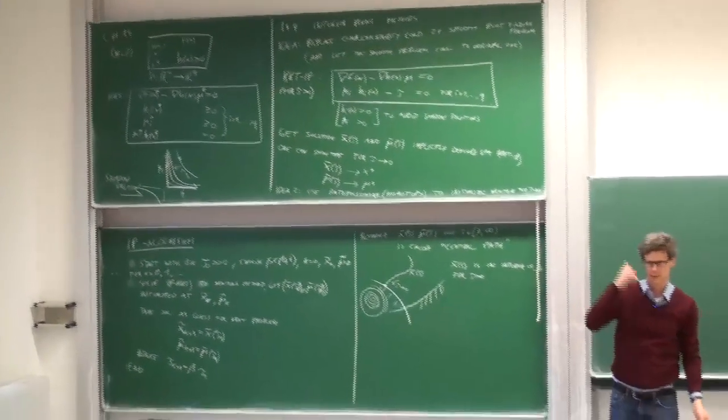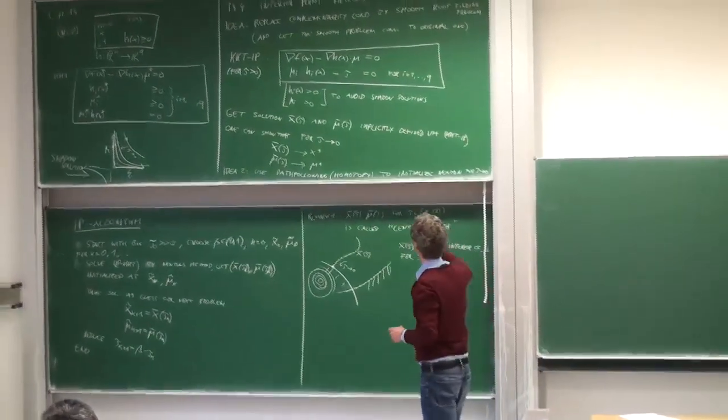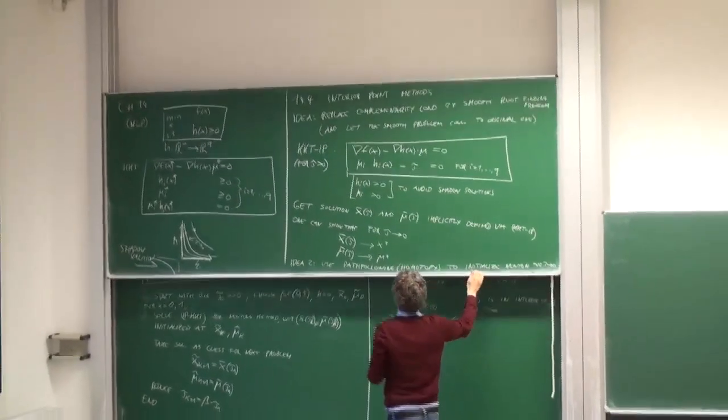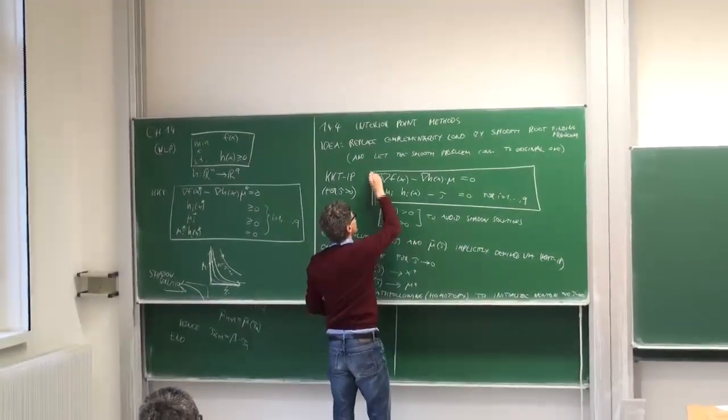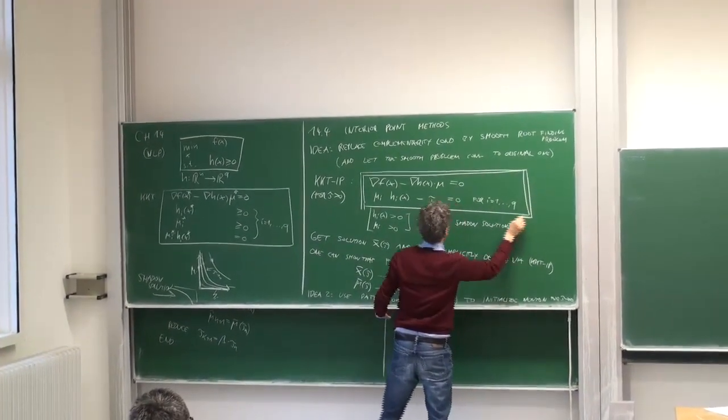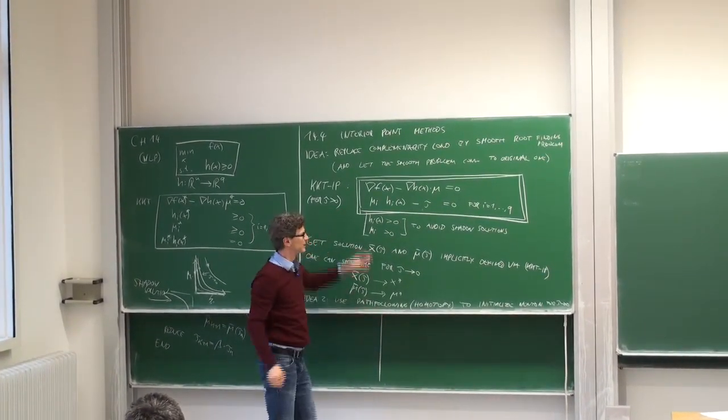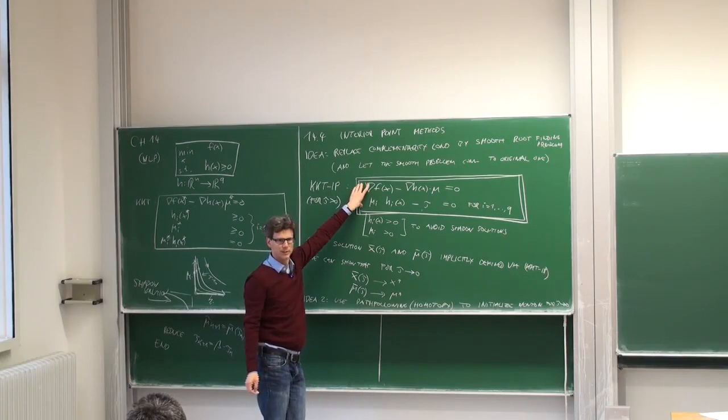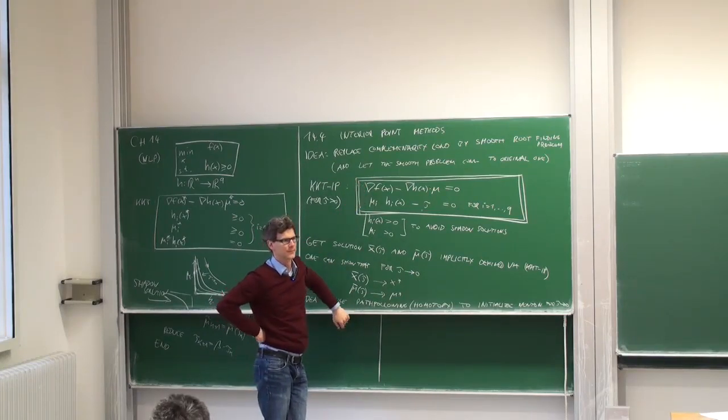The thing that I would like you to remember until next Tuesday is actually this set of conditions. And we will give a surprisingly simple other interpretation to this set of conditions in the next hour.